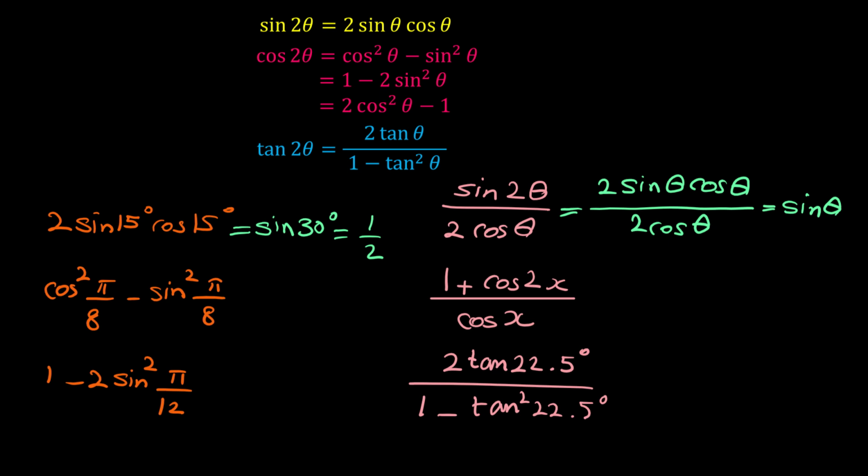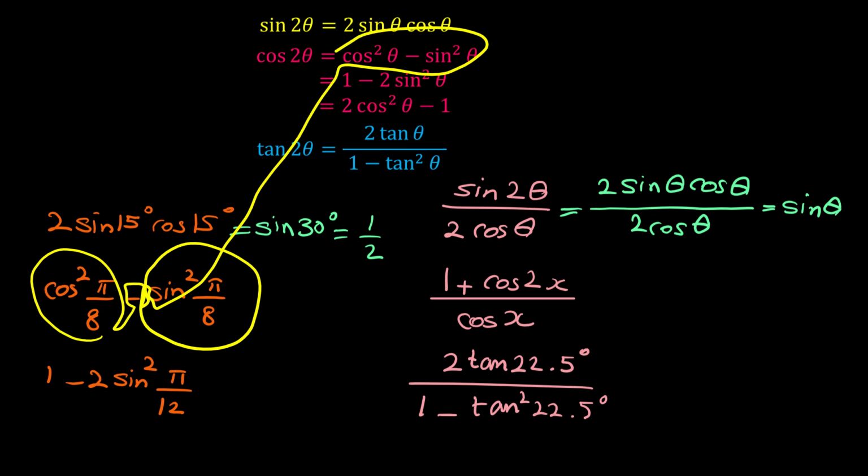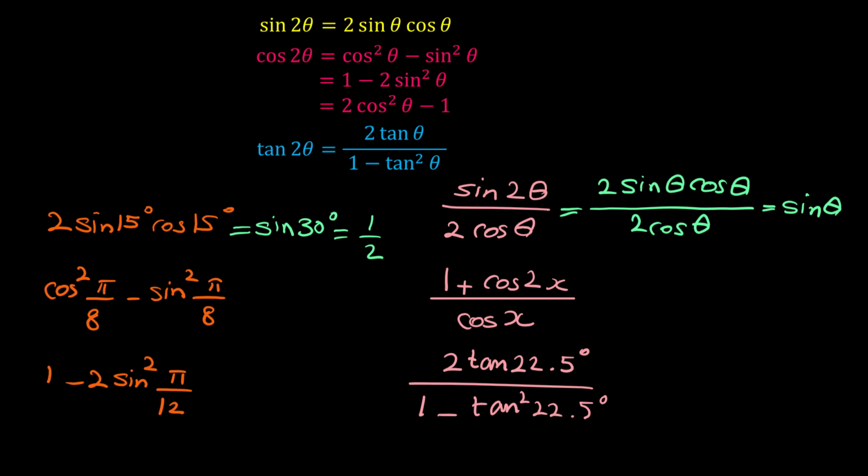And whenever we have cosine to the 2 minus sine to the 2, we remember this. Cosine to the 2 minus sine to the 2 is cosine of 2 theta, cosine of double of the angle. So, based on the identity that we have for cosine, this equals cosine of double of these angles.